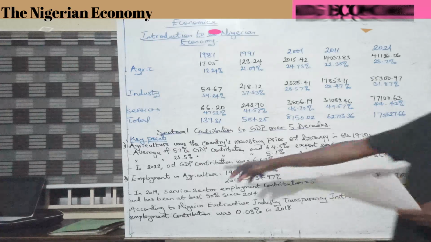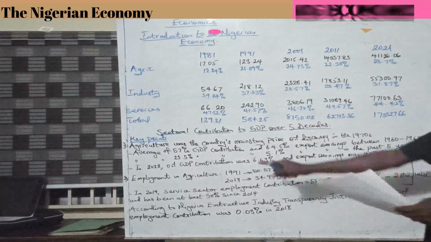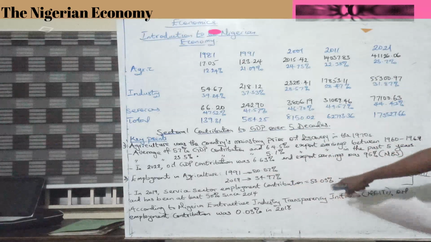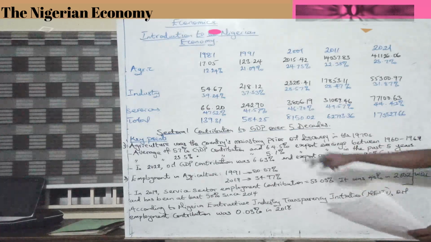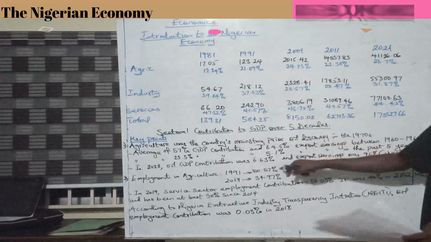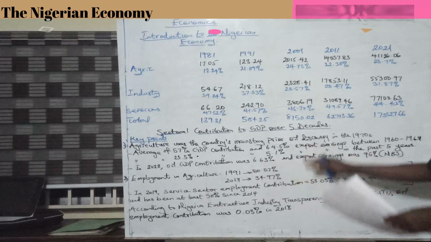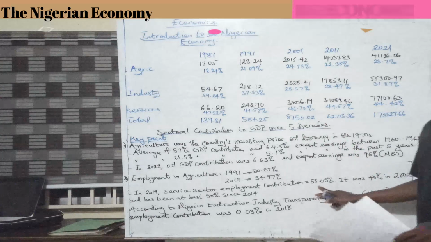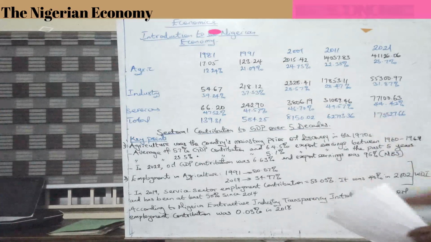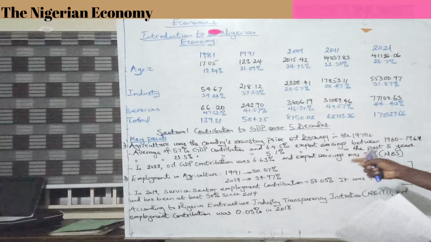In the same 2019, the service sector employment contribution was 53.03%, which tells us there has been a movement of labor from agriculture to the service sector. So the service sector is now the major employer of labor as far as Nigeria is concerned.